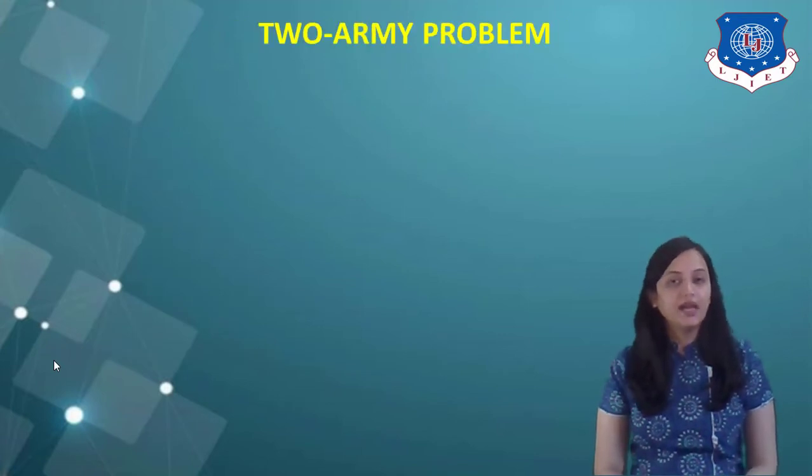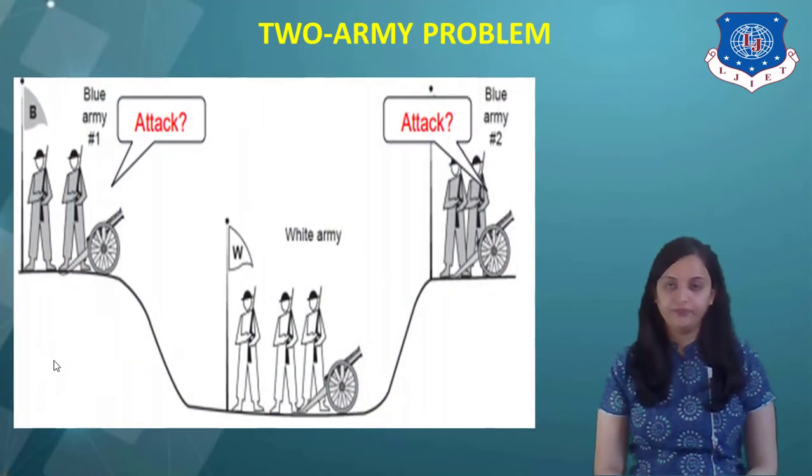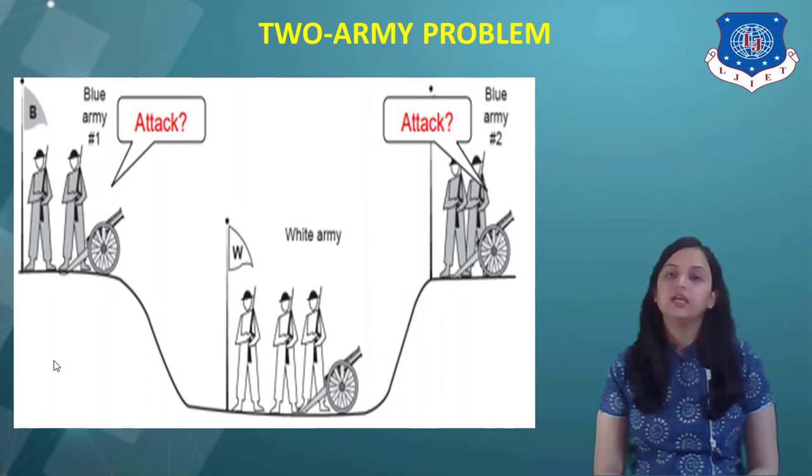Here the problem arises which is called the two-army problem. As you can see over here, this indicates the case of the asymmetric release where the two-army problem arises.